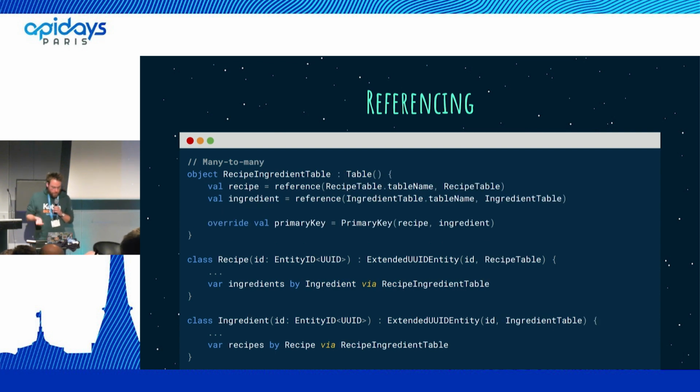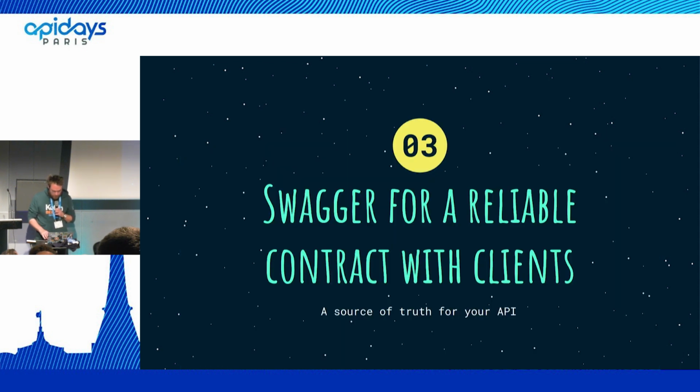And it also supports the many-to-many relation. So here we're gonna create a join table, recipe and ingredient, to allow us to query ingredients from the recipe or query recipes from the ingredient object. And that's pretty much it.